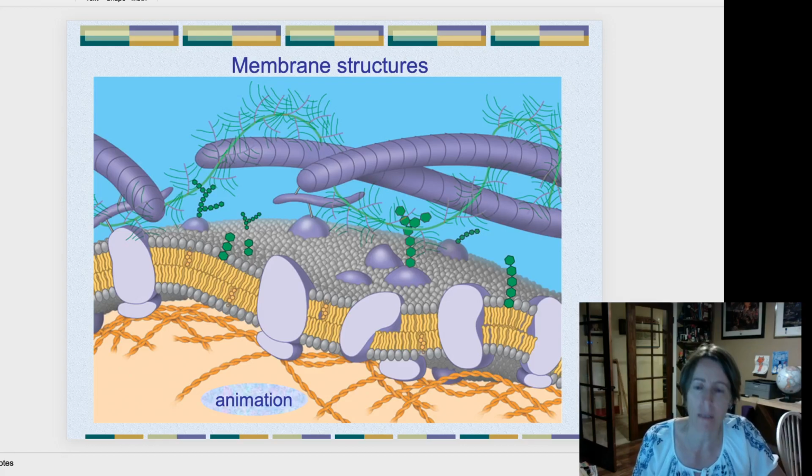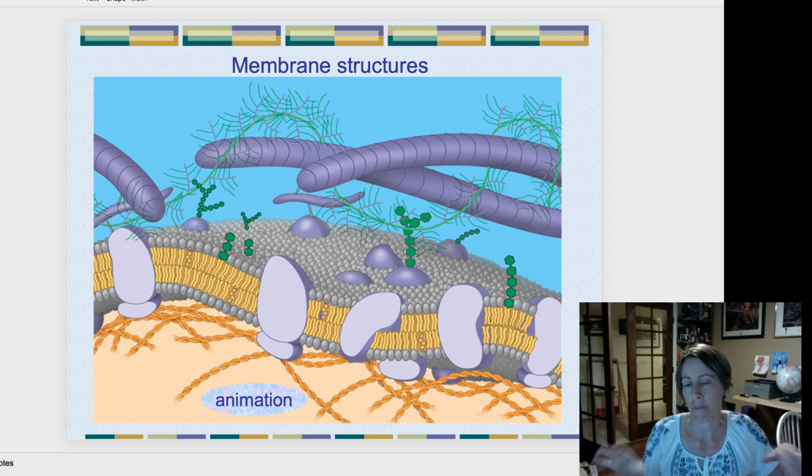So I like to think of this a little bit like if you imagine a bathtub or a swimming pool, all filled up with ping pong balls, and the ping pong balls were representing the heads of the phospholipids, like you can kind of see on this diagram, stretching off into the distance.